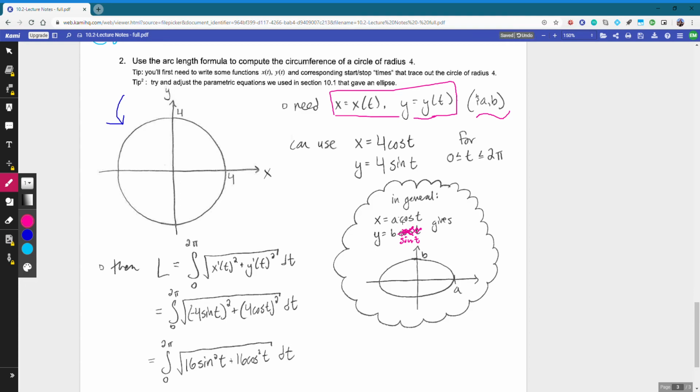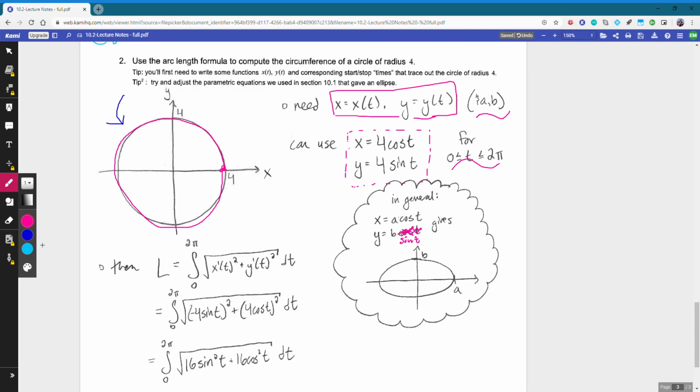Well, in general, the a and b on the cosine and sine here are going to tell you the axes of your ellipse. And so here, if we want a circle, well, both those axes are the same, and so we can use 4 cosine t and 4 sine t, and then to start at the right and just move around this circle exactly once, we'll use 0 to 2 pi for our parameter values.